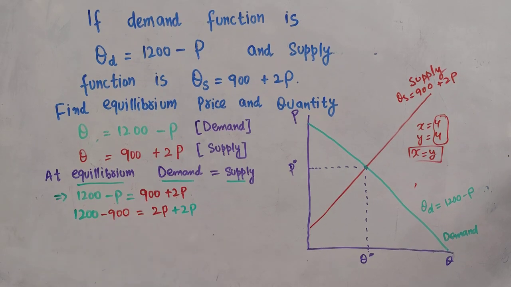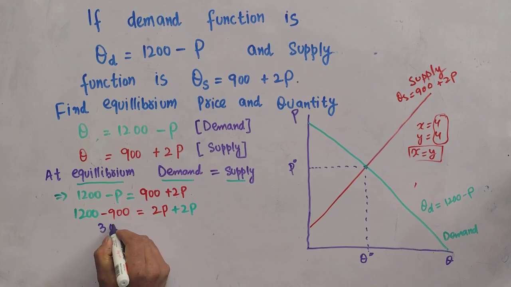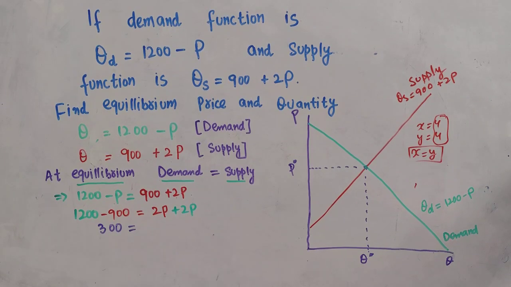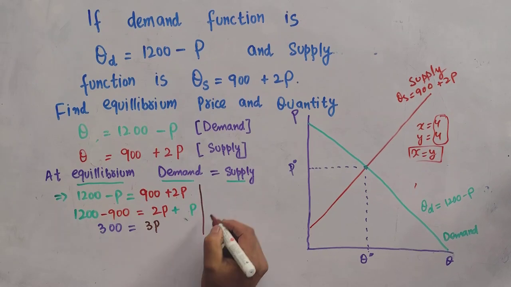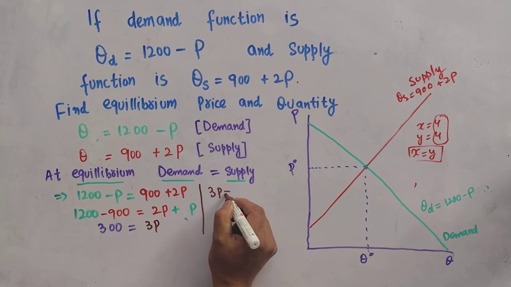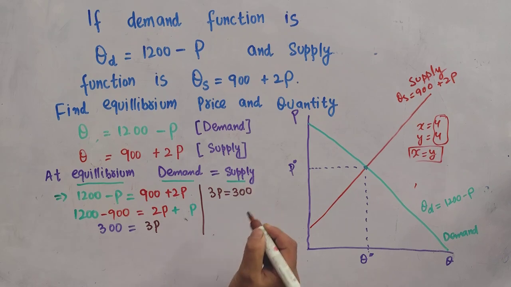So 300 is equal to 2P plus P, that is 3P. Which implies 3P is equal to 300.